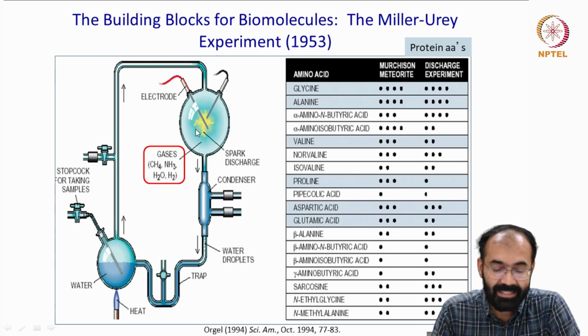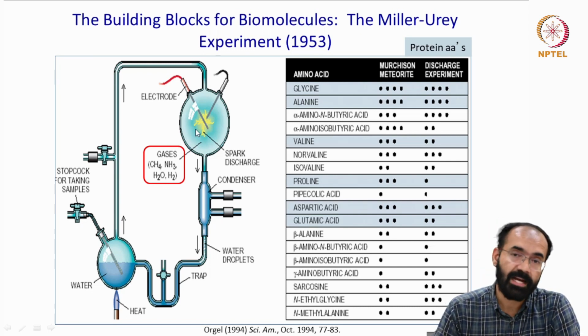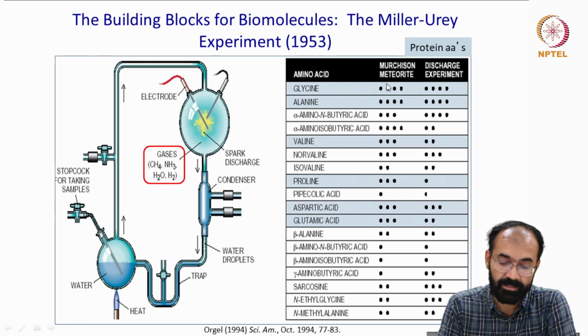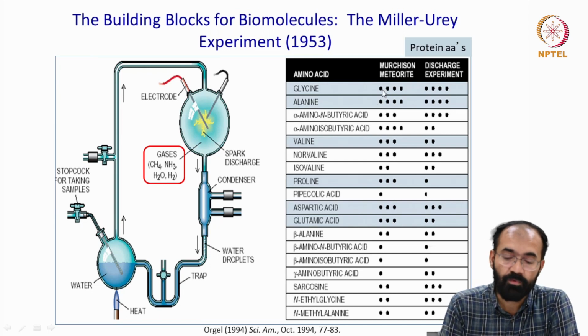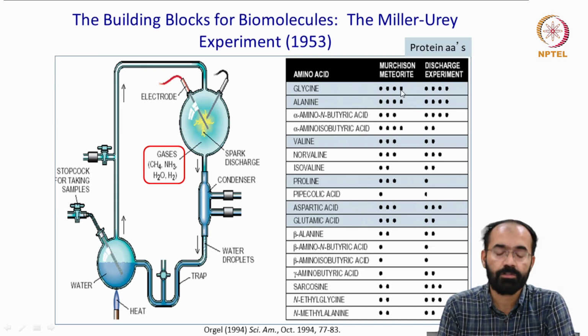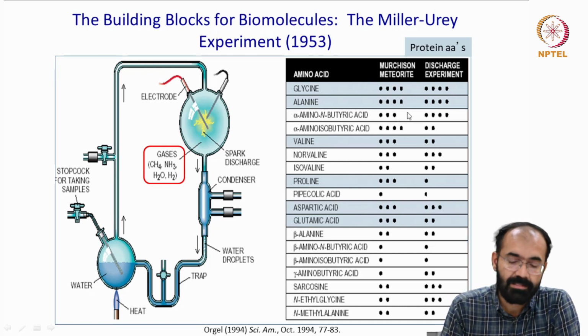So now they compared the components with those of the Murchison meteorite. That is something very interesting. If you look at the amino acid composition like glycine, alanine, etc., you can see they are equivalent in amount. Four dots means abundant, three dots means reasonably abundant, two dots means present, and one dot means very scarcely present.